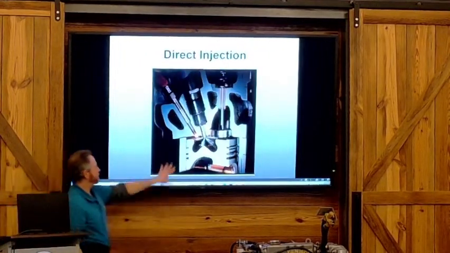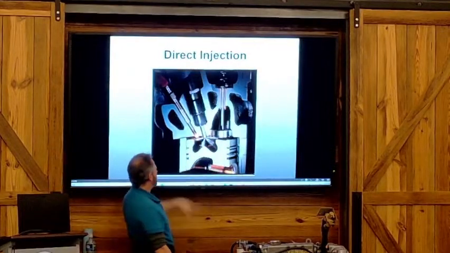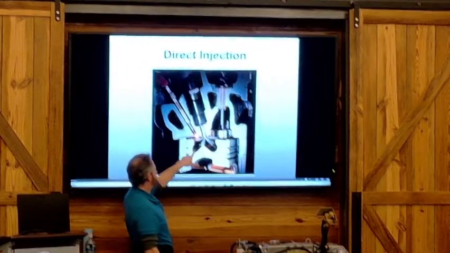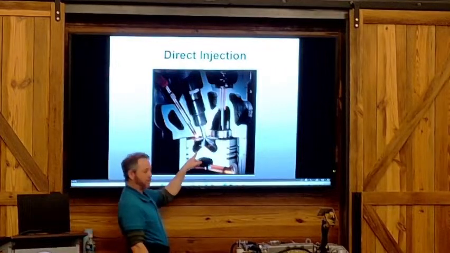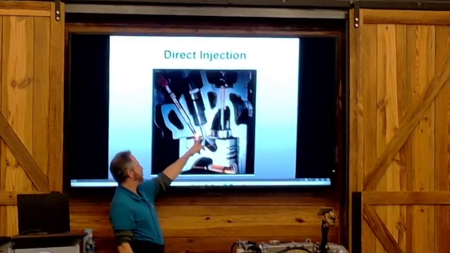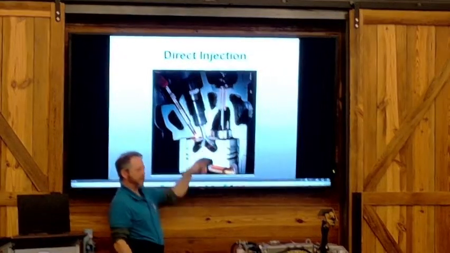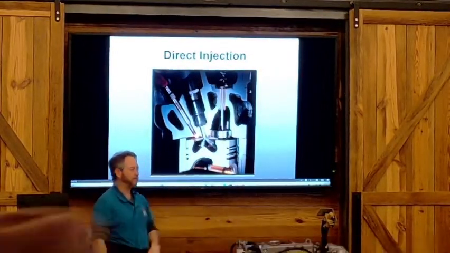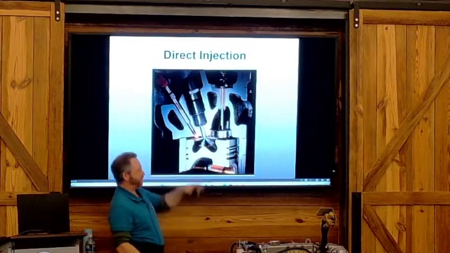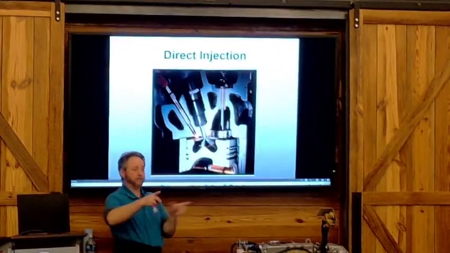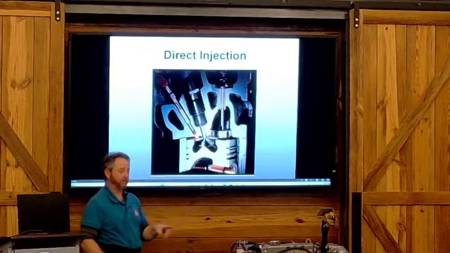All right, so this piston's been cut away. You can see this piston has what we call a swirl cup on the top of it. This is direct injection. Direct injection has multiple sprays coming out of the injector on angles, like we see here. It may have between 3 and 7 sprays coming out, usually about 5, a little star pattern.